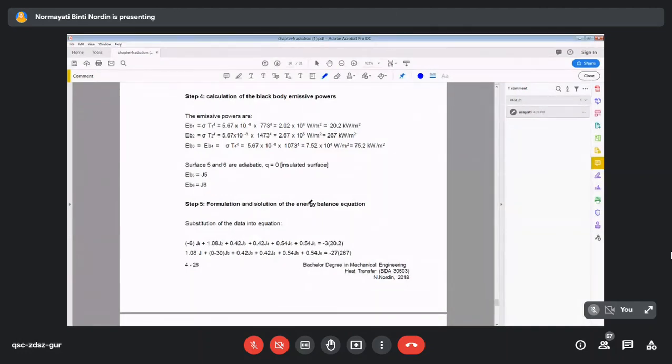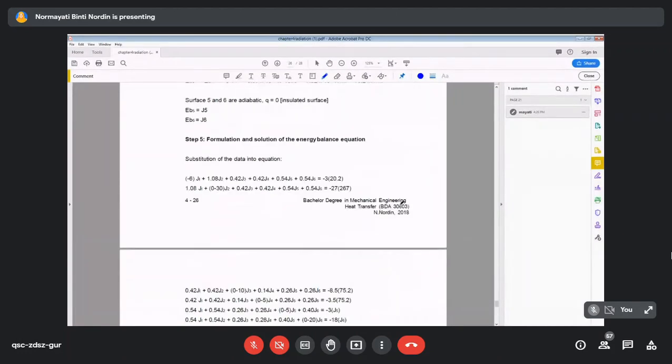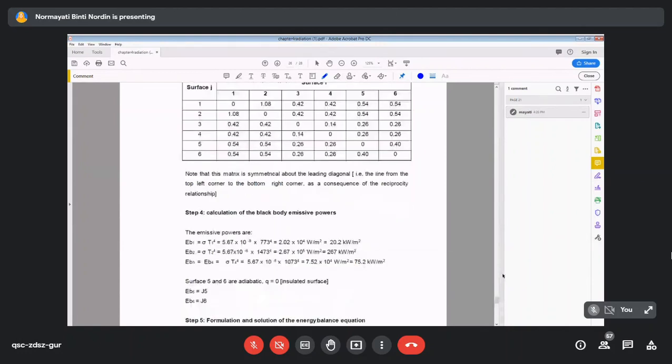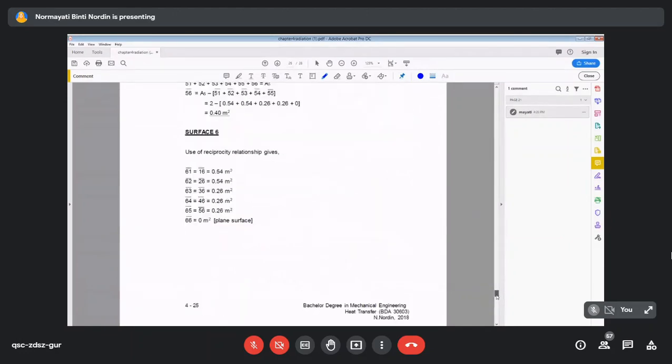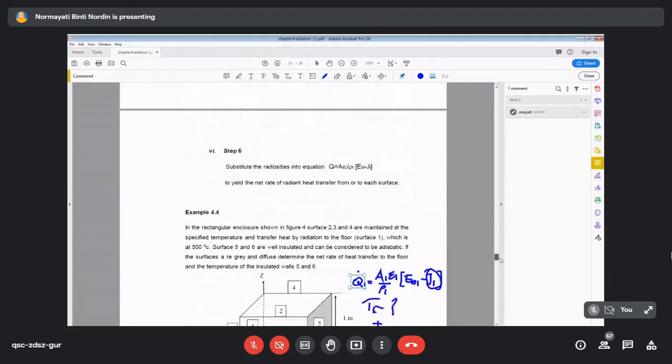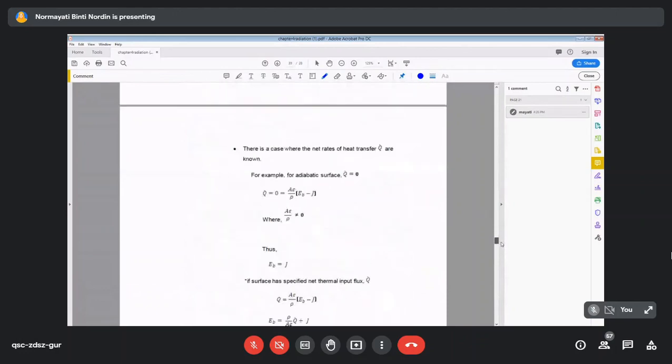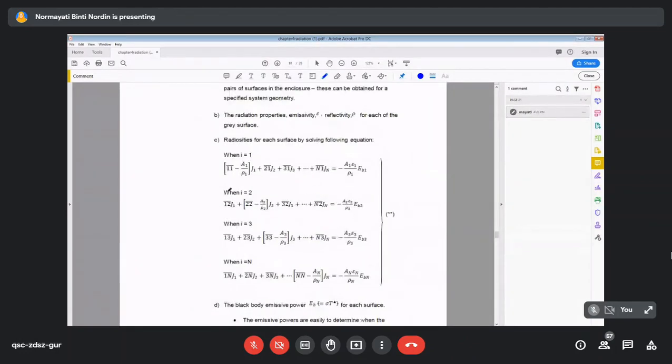How can we solve radiosity? Is by solving the energy balance equations yang dah diperkenalkan tadi, yang kita panggil J1 plus apa tadi, A1 over rho 1 minus ini yang tadi ni. Tapi yang ini dah diselesaikan, tetapi sebenarnya ianya daripada formulations yang diperkenalkan awal tadi ni. So you have 1 minus A1 over rho 1.